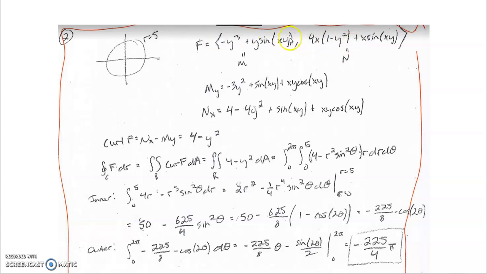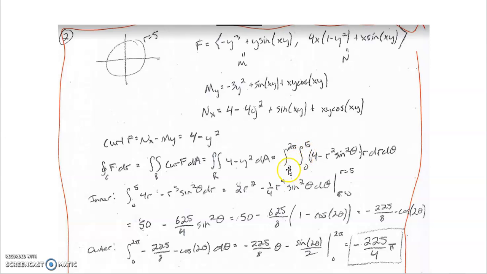So it takes this absolutely terrible vector field, makes it so that we only have to work with this thing here. So I'm going to do the double integral over R of the curl of F dA, which is this dA. It'd be nice if we could stay in rectangular because these are nice. It's a nice power rule, easy to integrate, but we definitely want to go over to polar because of the bounds.